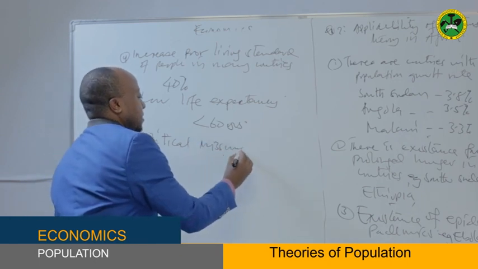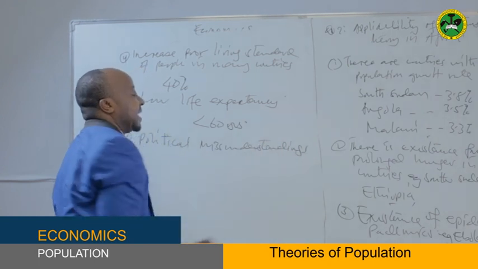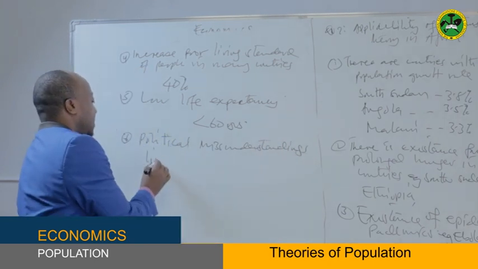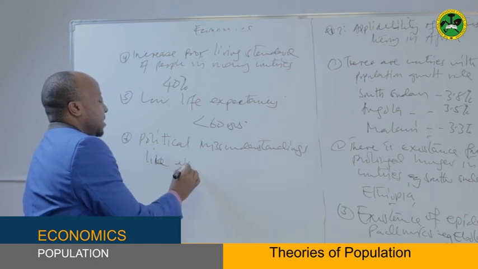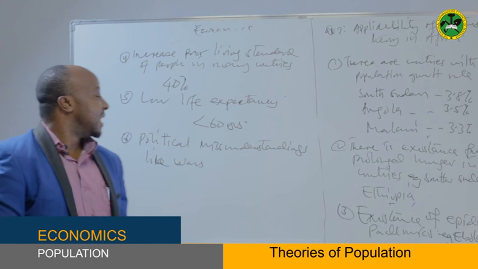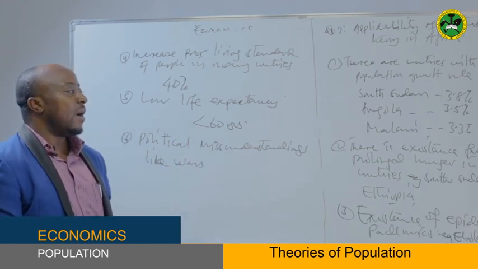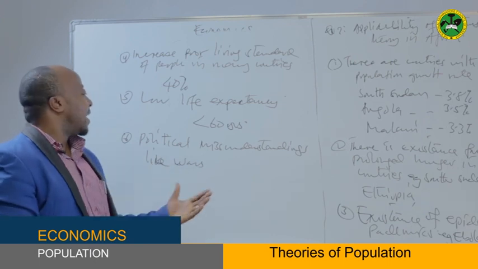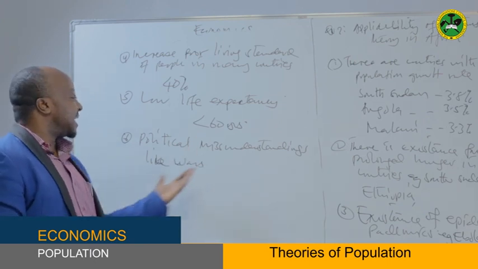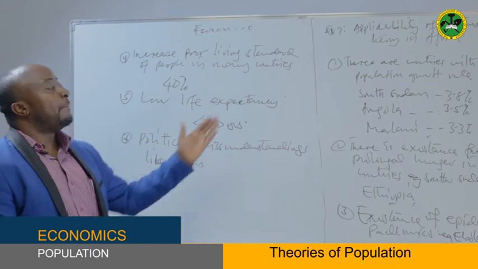And the other problem we have is political misunderstandings, like wars. You can find there are many misunderstandings going on in Africa. Countries are fighting. We have got a lot of rebels from here and there. These misunderstandings were also suggested by Malthus as part and parcel of the positive checks.